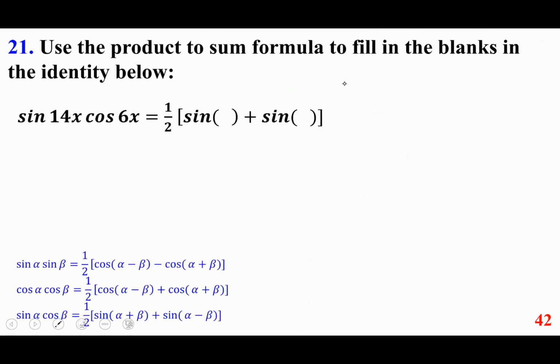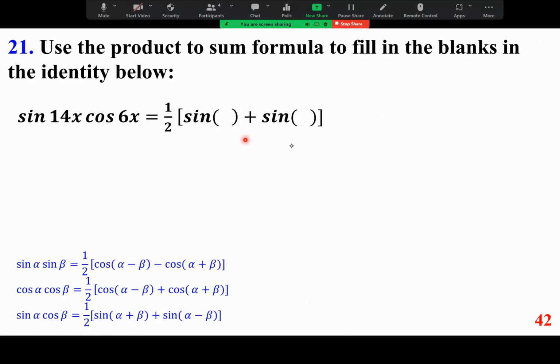Use the product to sum formula to fill in the blanks in the identity below. Sine of 14x, cosine of 6x. We want to write it like this. So I'll put 3 formulas for you: sine alpha sine beta, cosine alpha cosine beta, and sine alpha cosine beta.